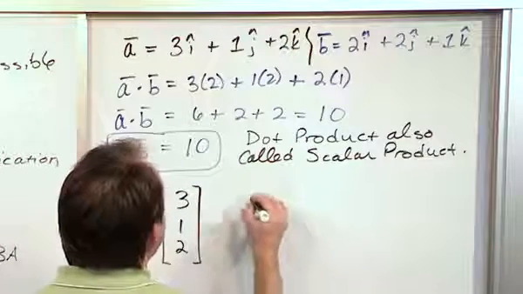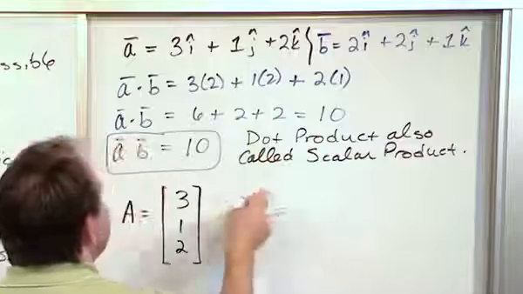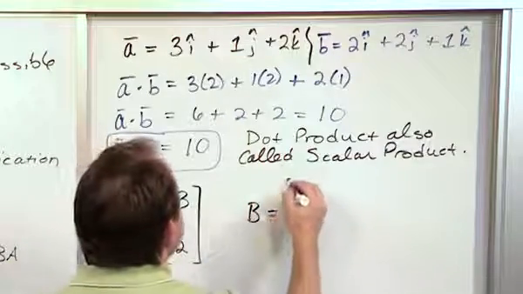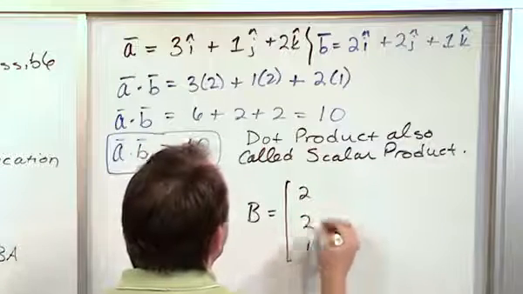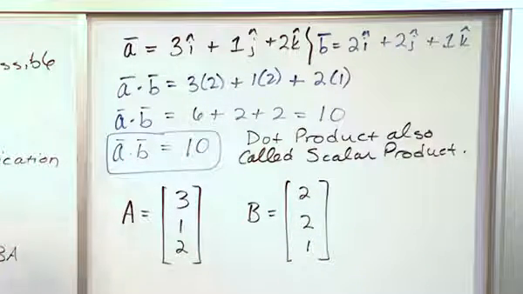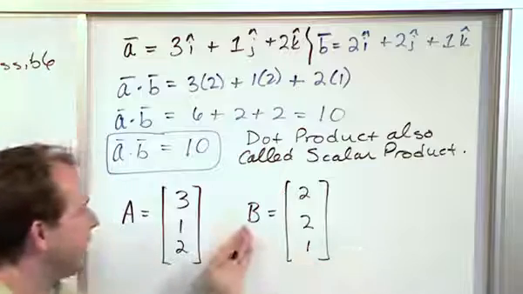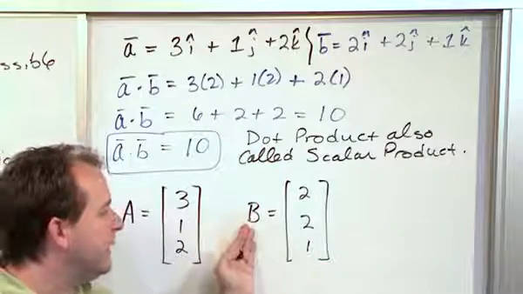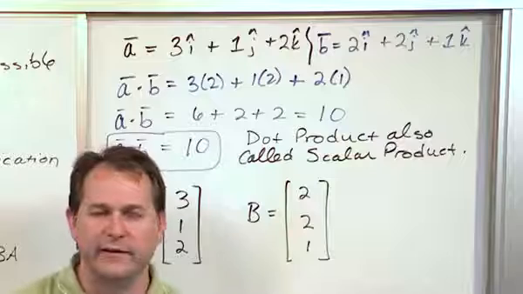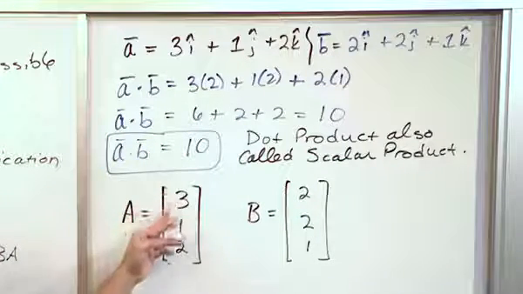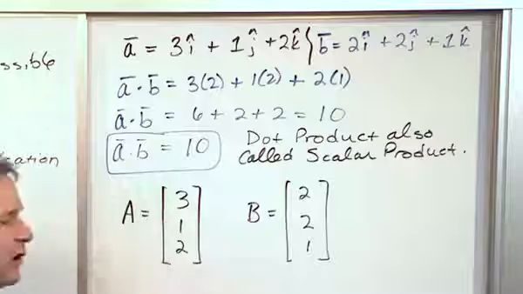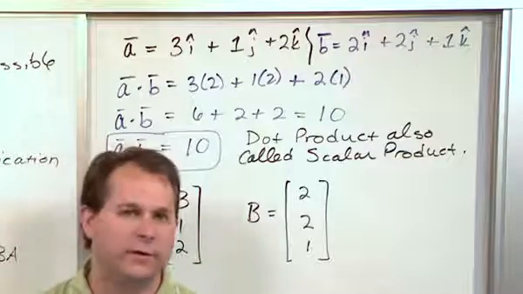For vector B, I'm going to capitalize it, matrix B, put square brackets, and put those components down a column, 2, 2, 1. I think I need to stop for a second and make sure you're comfortable realizing that this representation of B, 2, 2, 1 oriented like a column, and this representation of vector A, 3, 1, 2 oriented as numbers in a column, are exactly equivalent to one another.